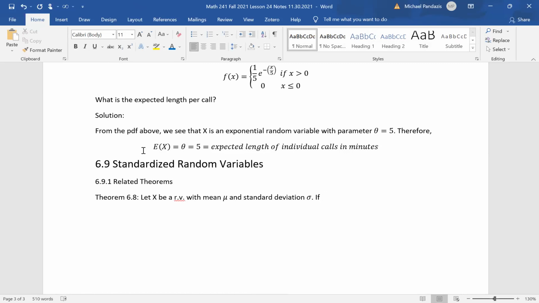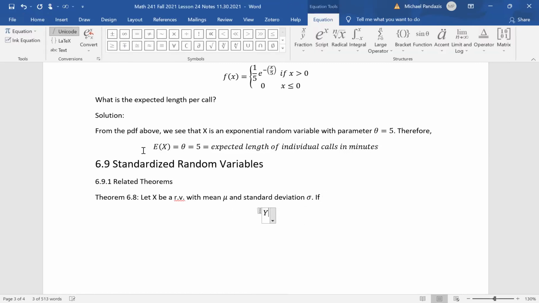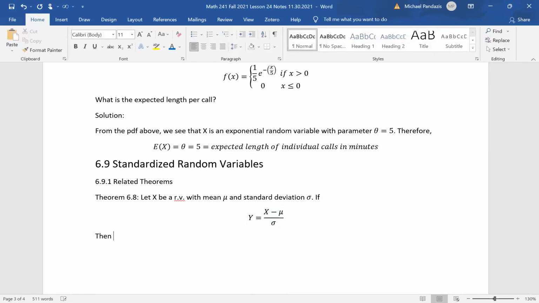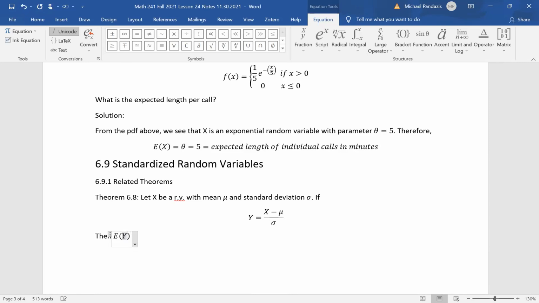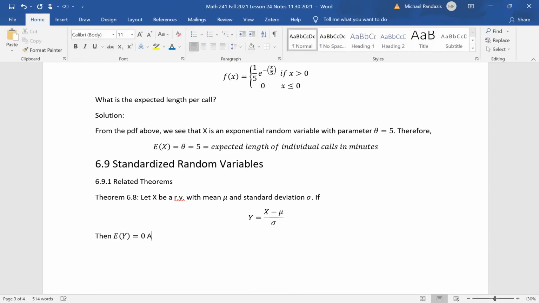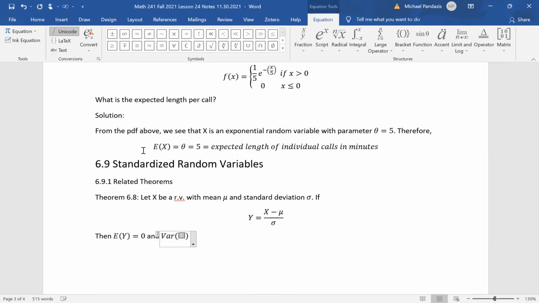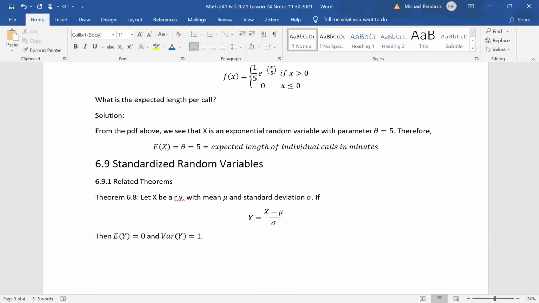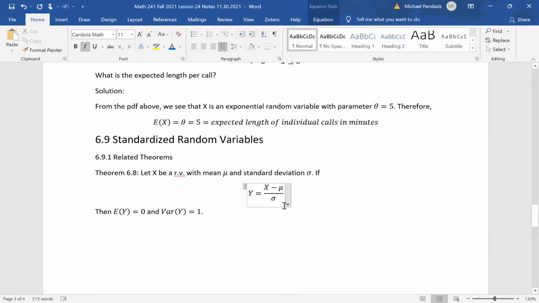If Y is equal to X minus mu over sigma, then the expected value of Y is equal to 0, and the variance of Y is equal to 1. Okay, so we start out with a random variable X with mean mu and standard deviation sigma. If we define a new random variable Y as X minus mu over sigma, then for that new random variable Y, its expected value is 0, and its variance is 1.